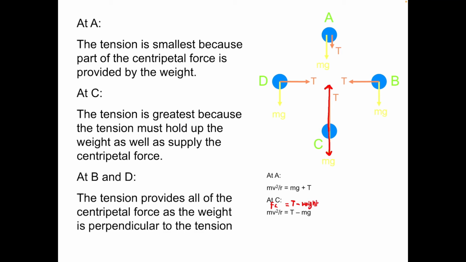At point B and D, the tension provides all of the centripetal force as the weight is perpendicular to the tension. So at B and D, your centripetal force is equal to your tension.